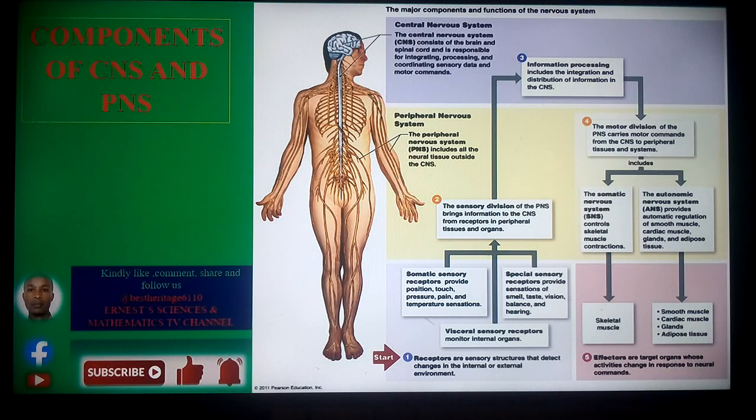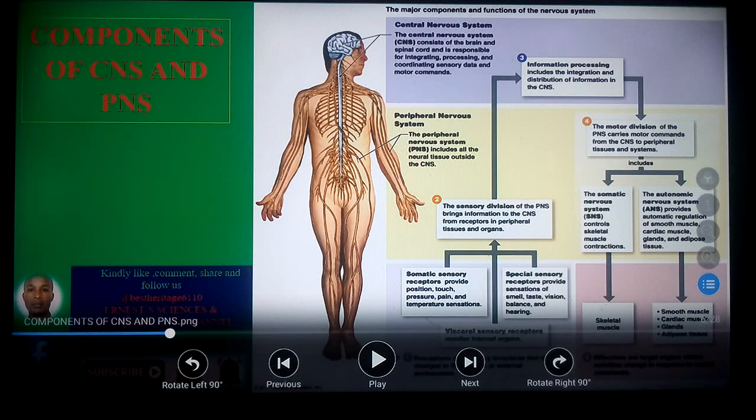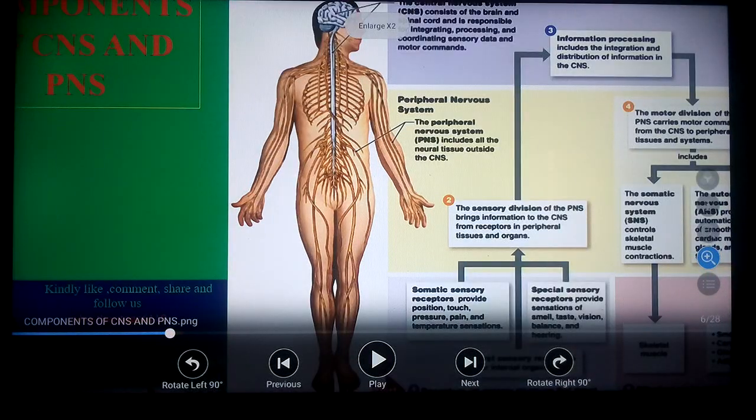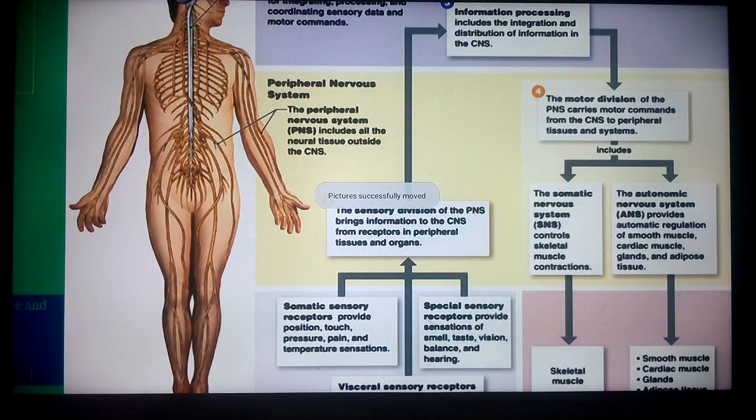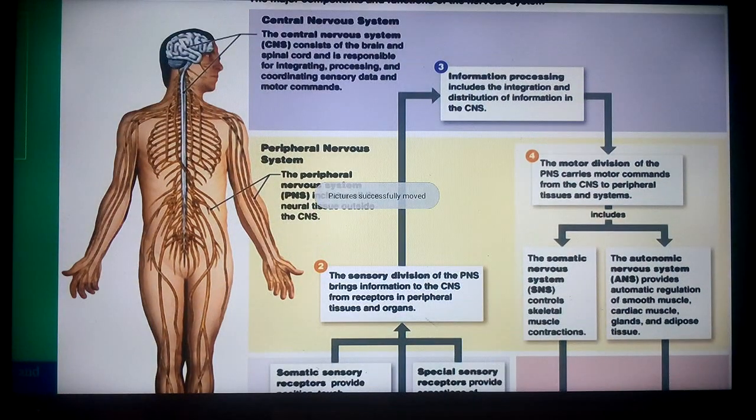Now, the human nervous system is broadly divided into two main divisions, and that is the central nervous system and the peripheral nervous system, as we're going to see. Now, from my illustration, perhaps I can expand on this specific display so that we can check on those various aspects of these two broader divisions, the central nervous system and the peripheral nervous system.